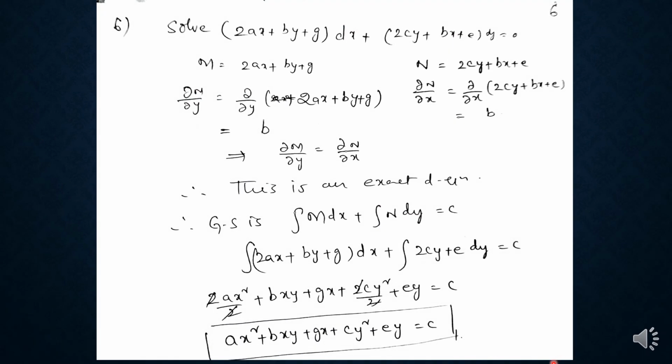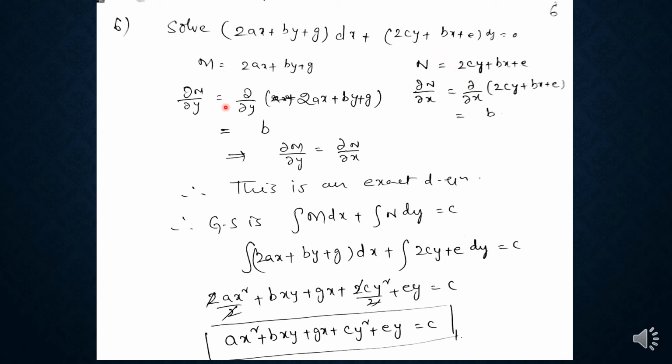Next problem, solve (2ax plus by plus g) dx plus (2cy plus bx plus e) dy is equal to 0. While comparing with the general form of the exact differential equation, M dx plus N dy is equal to 0, here M is equal to 2ax plus by plus g and N is equal to 2cy plus bx plus e.